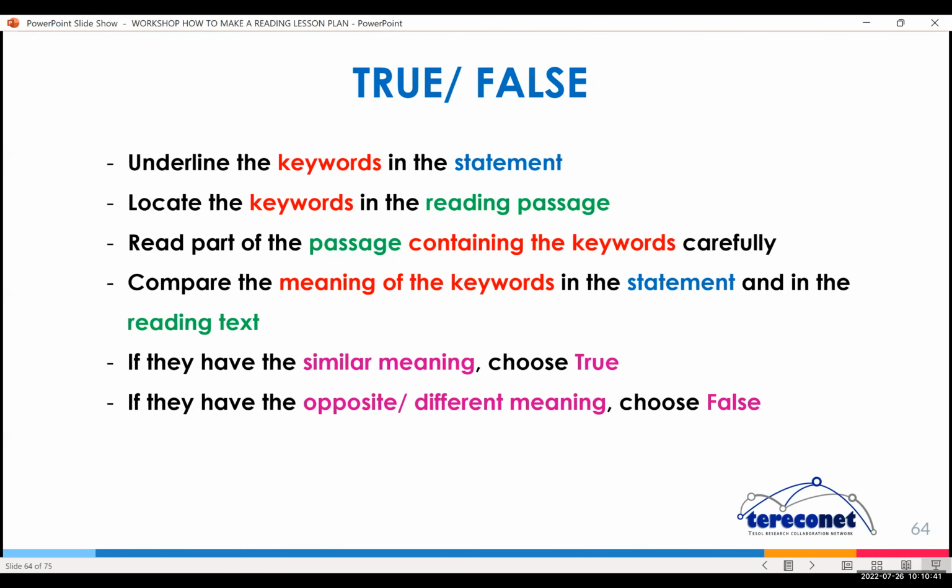Like they have to underline the keywords in the statement, locate the keyword in the reading passage, read the part of the passage containing the keywords carefully, and then compare the meaning of the keyword in the statement and in the reading text. If they have the similar meaning, write true. If they have the opposite meaning, write false. Okay, so those are everything about the pre-reading stage that I shared with you today.